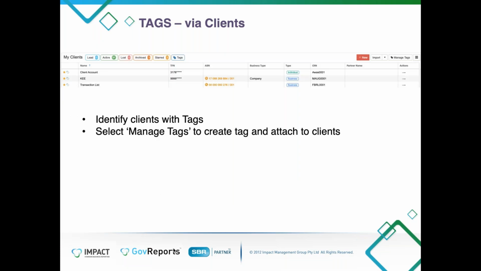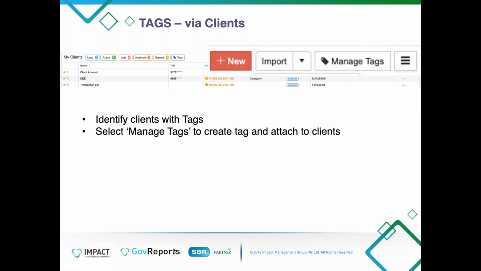Tags are another thing that are available. Definitely recommend that you think of tags. Again, this is a way of sorting clients, because you can use folders, and you can also have particular clients tagged. You go to your manage tags when you're in your saved reports, when you're in my clients.